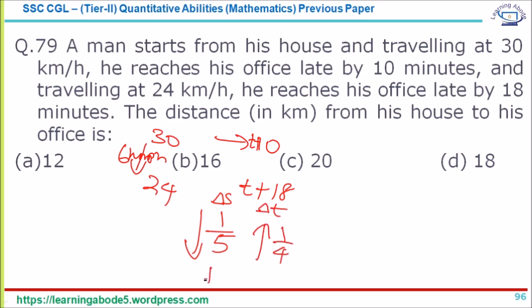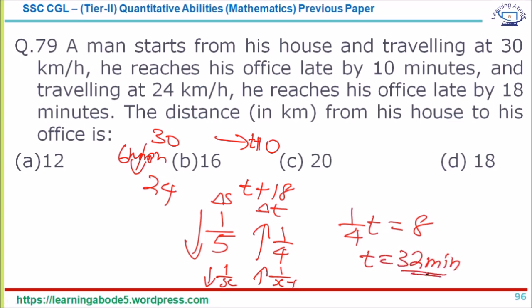That is, if this is a dip of 1/x, this will be an increase of 1/(x minus 1). Now that 1/4 of time taken is equal to the 8-minute difference between the two times, 10 minutes and 18 minutes. So the time taken is 32 minutes.